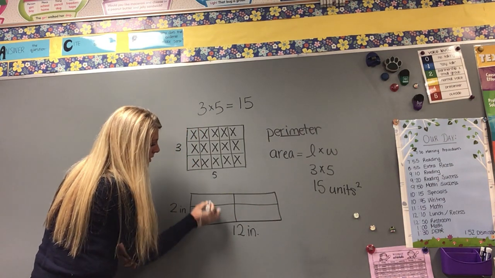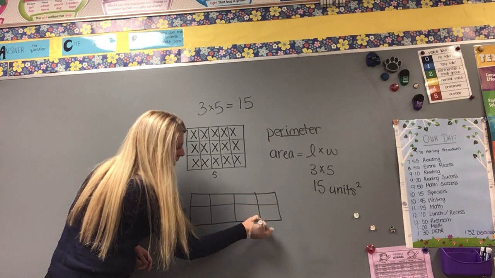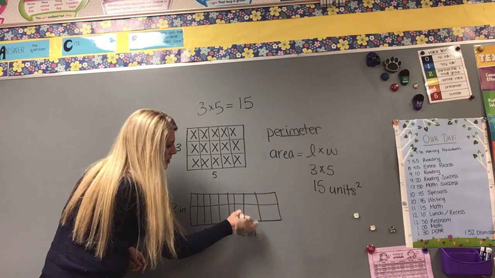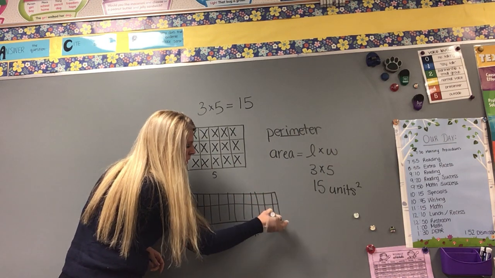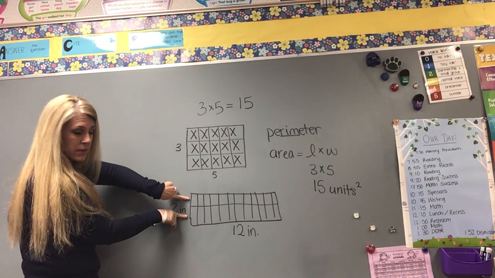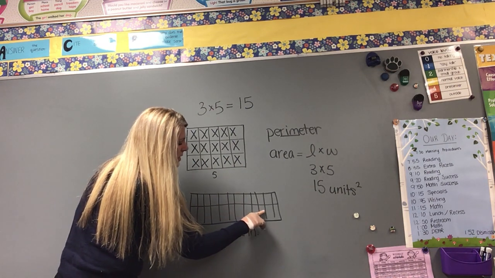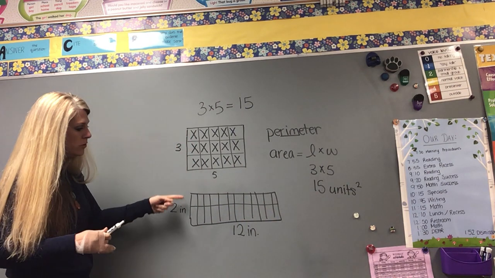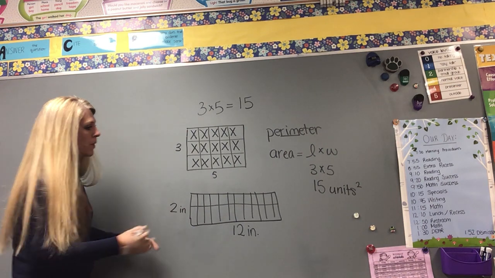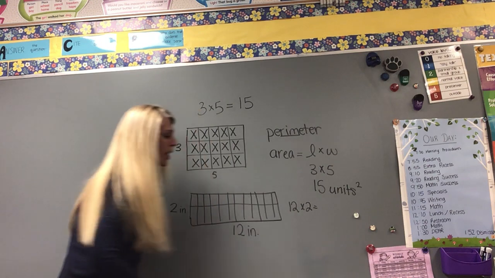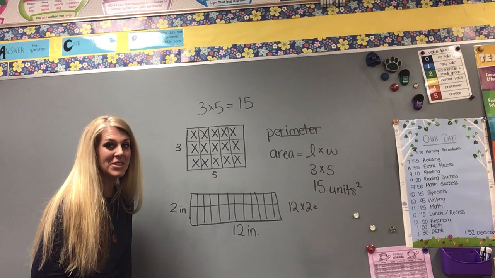I'm making this into 12s. So now I have 2 rows, see it? 1, 2, 3, 4, 5, 6, 7, 8, 9, 10, 11, 12. I have 2 groups of 12. So if I multiply 12 times 2, do you know it?